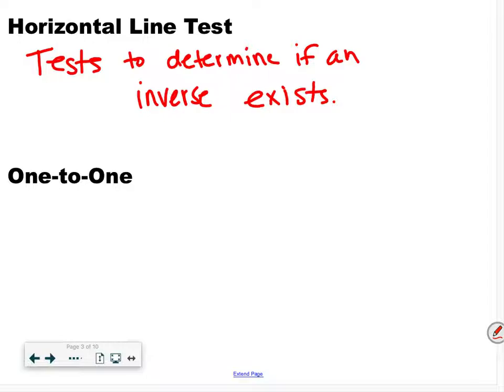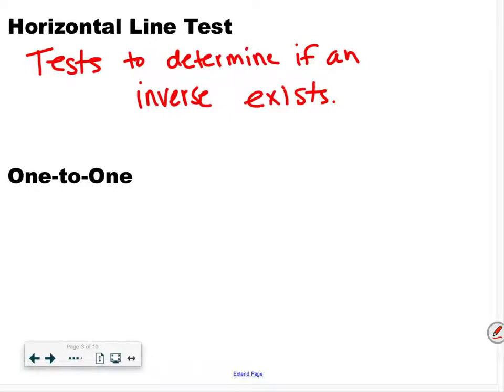I want you to think real quick about a graph that would not pass the horizontal line test. Maybe whisper it to your neighbor. Emma Ralston, what kind of graph would not pass?